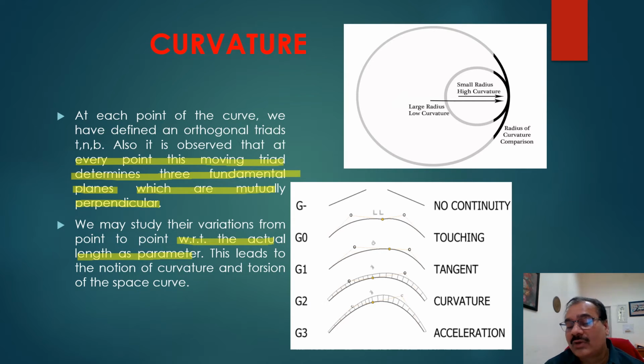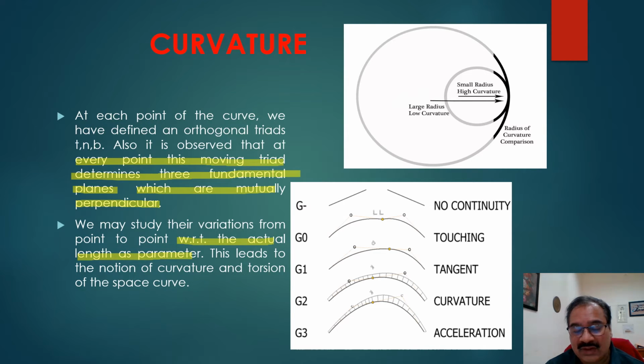So in this figure, you may compare the radius of curvature: small radius, high curvature; large radius, low curvature.